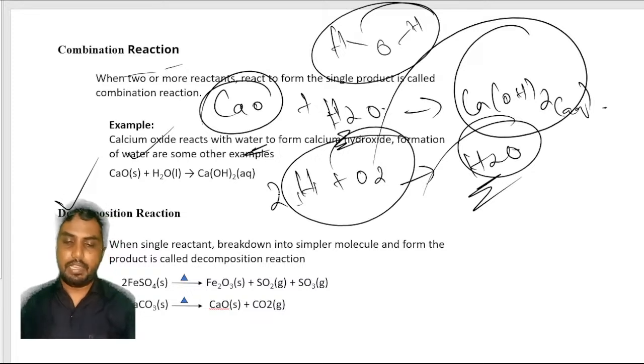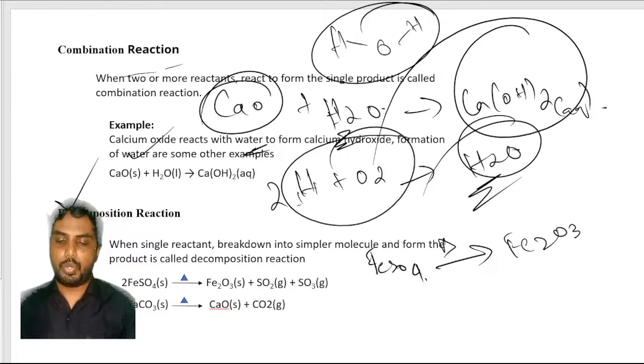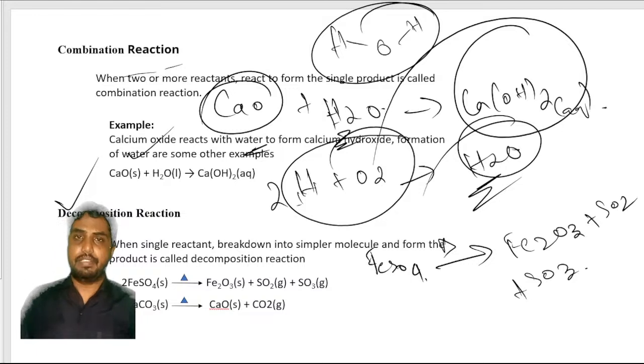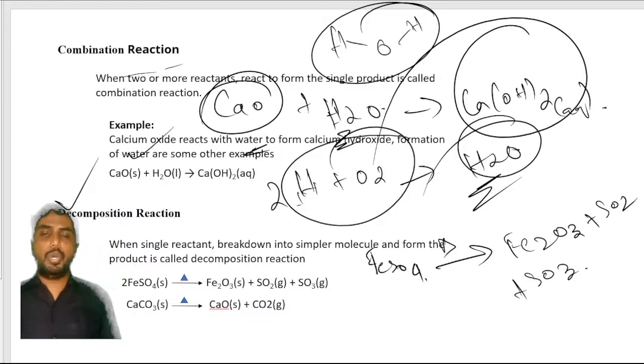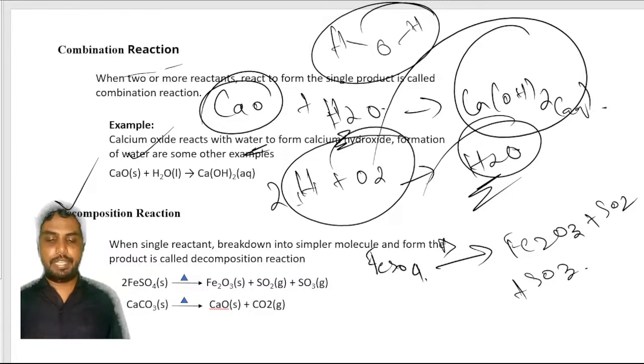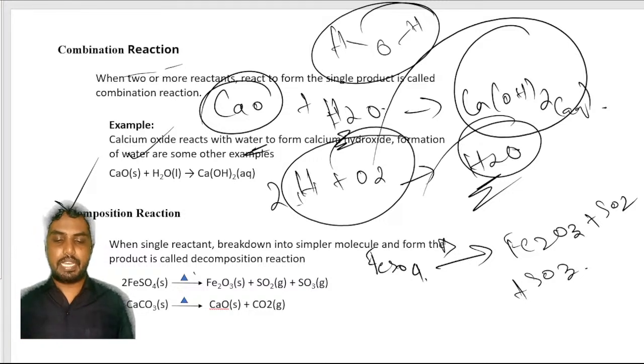For example, FeSO4, ferrous sulfate, which is heated, forms Fe2O3, ferric oxide, SO2, sulfur dioxide, plus SO3, sulfur trioxide. Only heat is applied here, and it splits up the molecule.